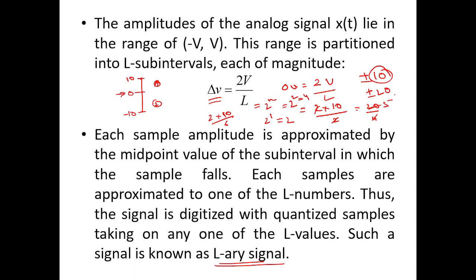Once you increase the values, in that way you will be able to get the delta V value. When it is 2 to the power 1, you will be having only basically 3 levels, 0, 10 and minus 10. In that way it goes.